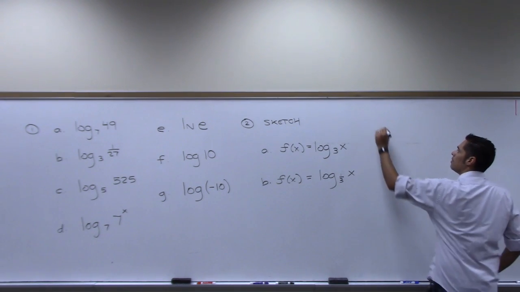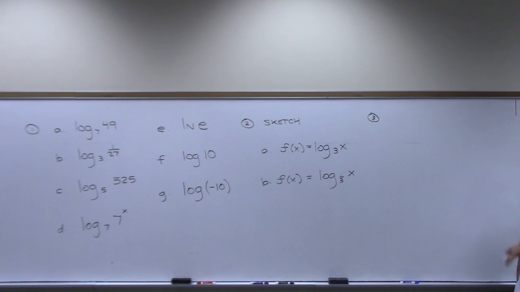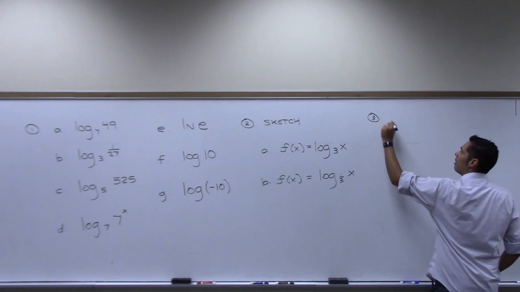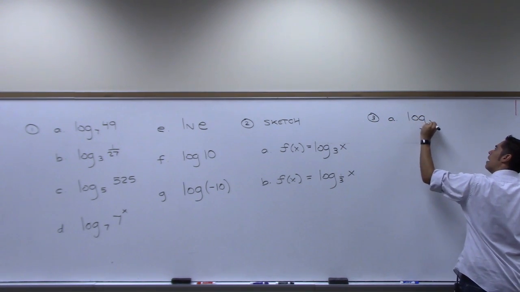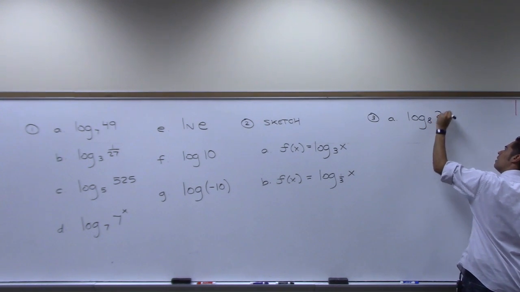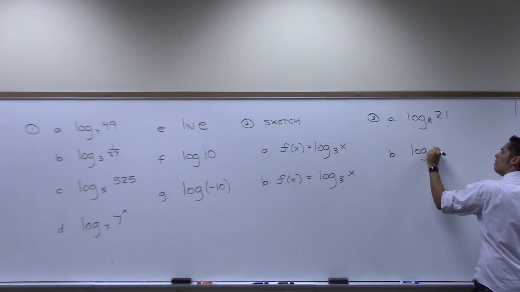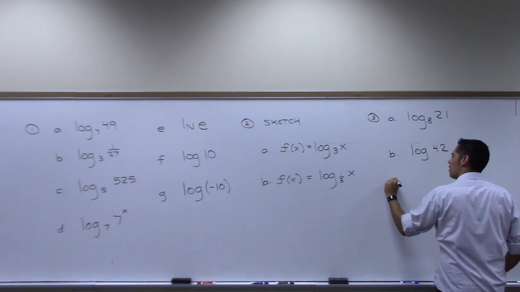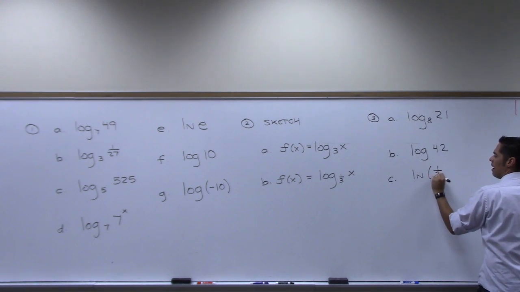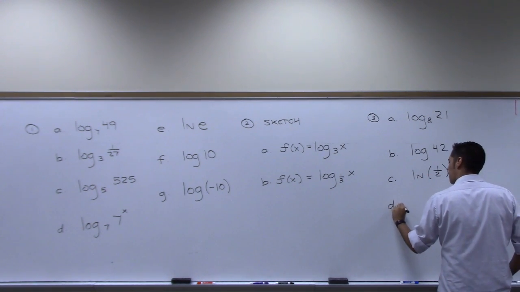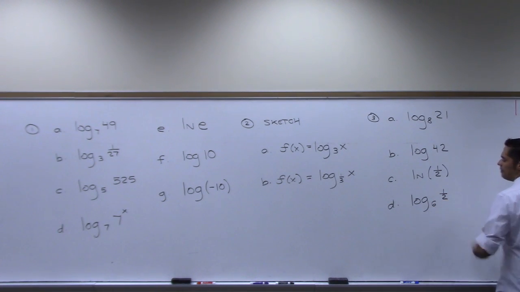And then for the next ones, I want you to use your calculator. This is just an exercise, just to make sure you're using your calculator properly. So I want you to do log base 8 of 21, log of 42, natural log of 1/2, log base 6 of 1/2.